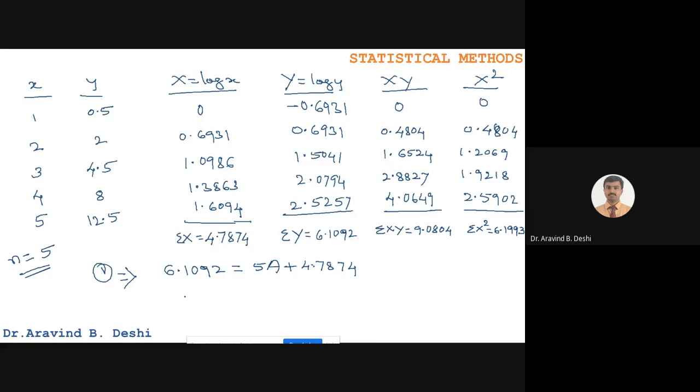Next second equation is summation of xy, that is 9.0804 equal to A into summation of x, that is 4.7874 A, plus summation x square into b, that is 6.1993 b.